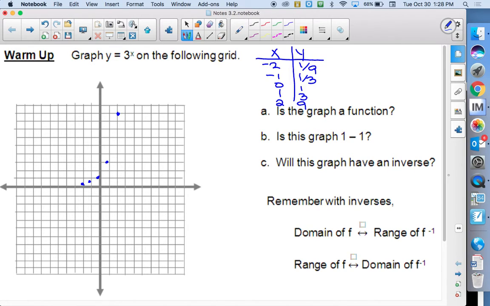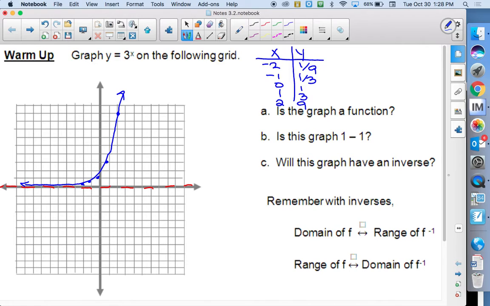And it gets increasingly large pretty quickly. That distance between 3 and 9 then goes up to 27. So that's what makes it an exponential function. It grows at an exponential rate, which means it grows pretty quickly. And this has an asymptote at y equals 0.